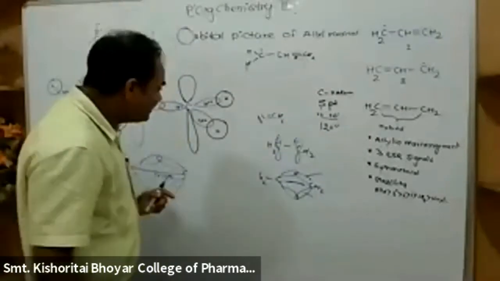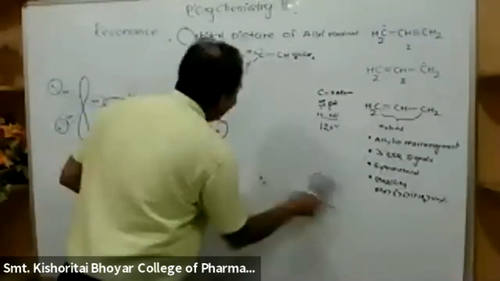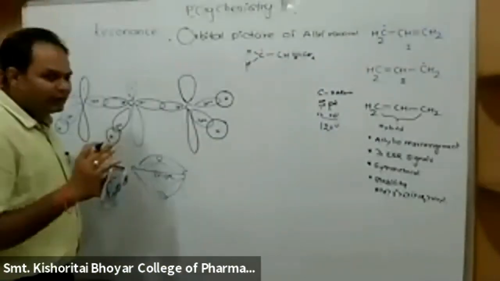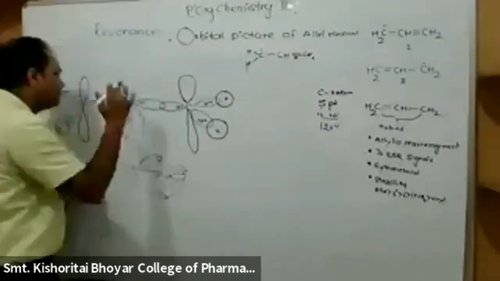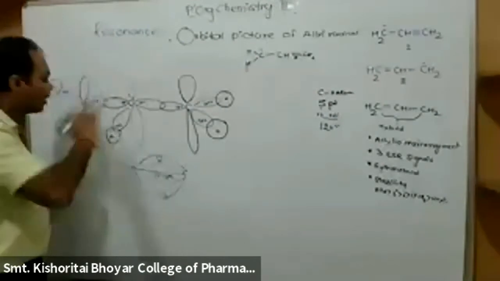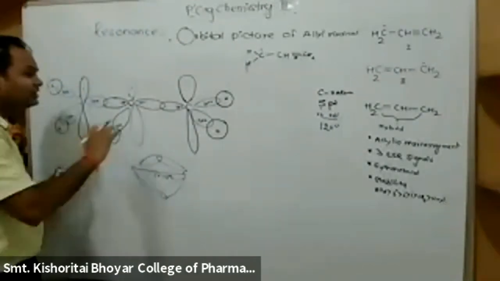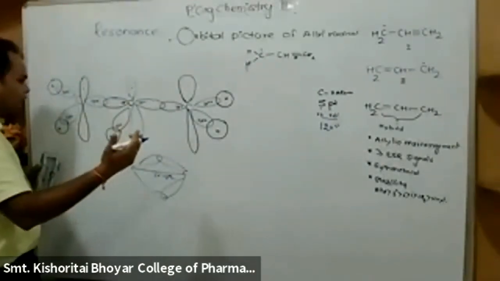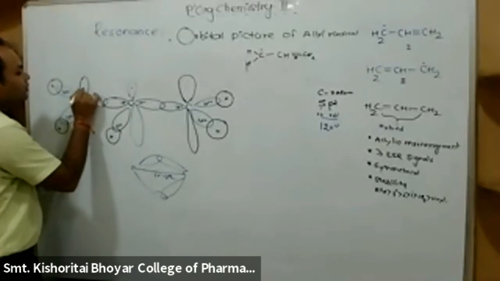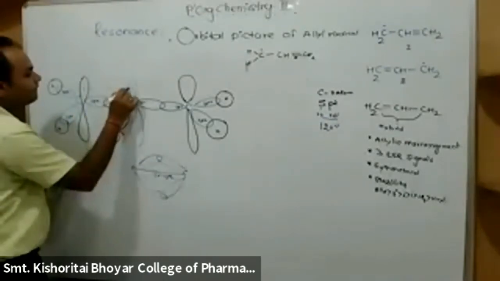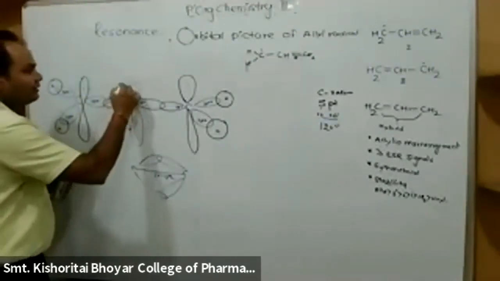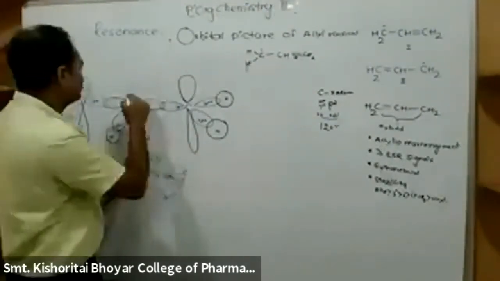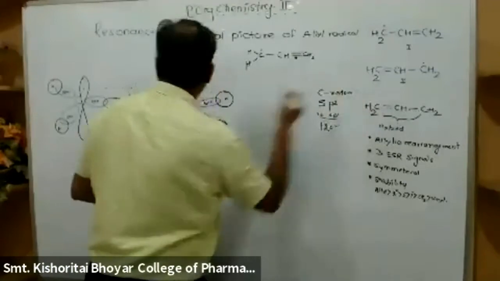Now in the case of ethene, there is restricted movement of the pi electron. Restricted movement means there is only one chance of overlapping of these two orbitals to form one pi bond. But in the case of the allyl radical, see this picture very carefully. Each carbon has a p orbital containing an odd electron. So what happens in the case of the allyl radical? It is different from the ethene molecule. Here there is a formation of this bond. So you will get the allyl radical like this, that is structure number 2.